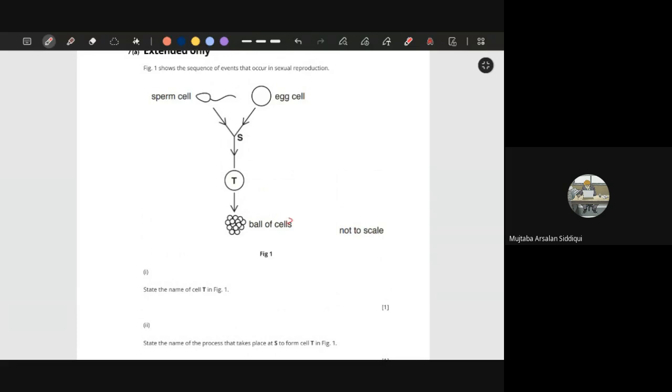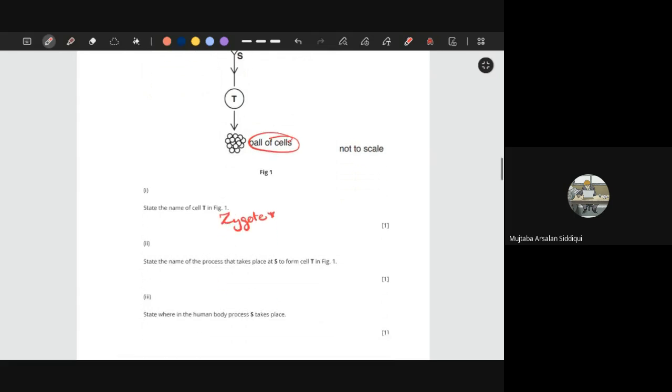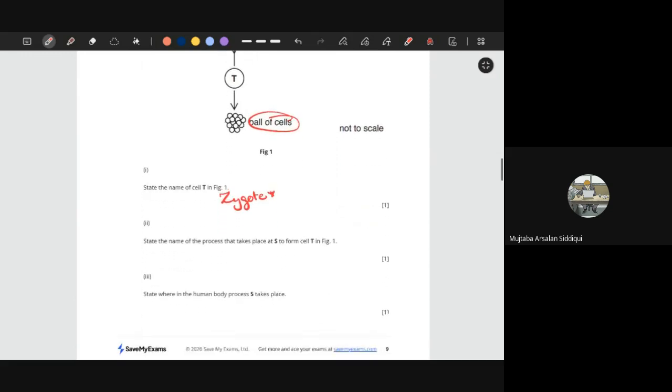Now, this ball of cells is what? It is your zygote, right? Name the process that takes place from S to T. It's called fertilization.